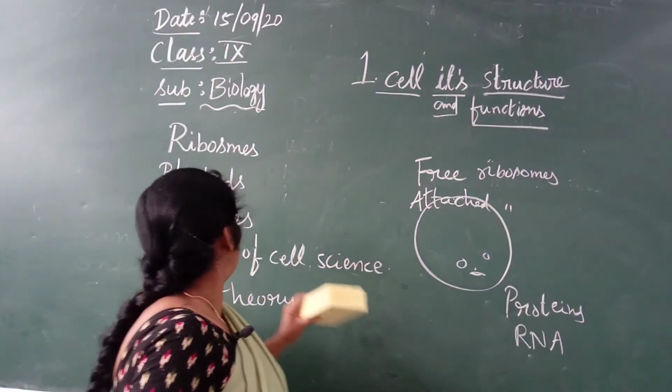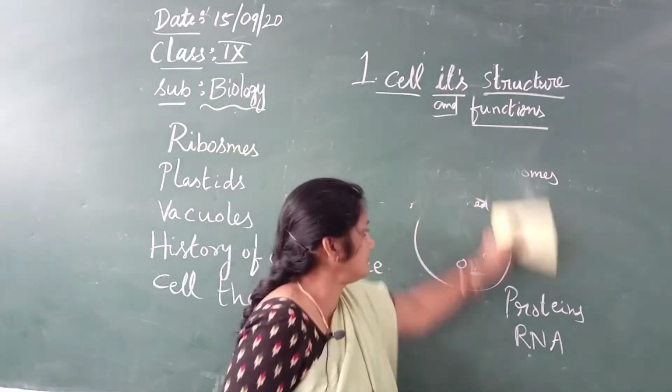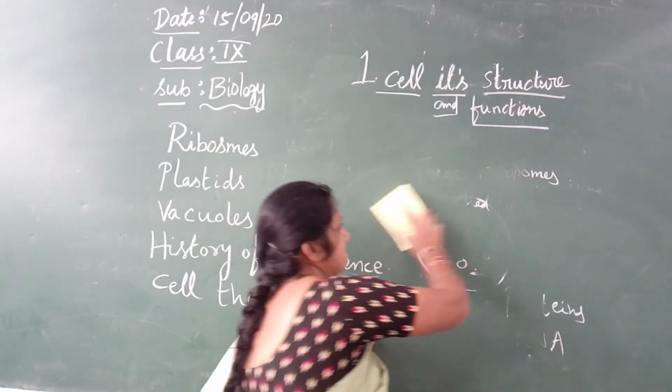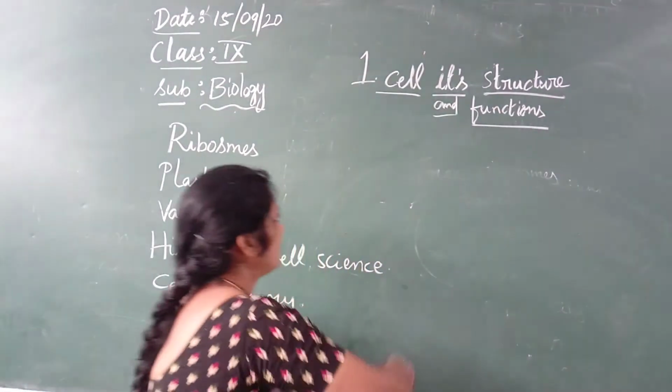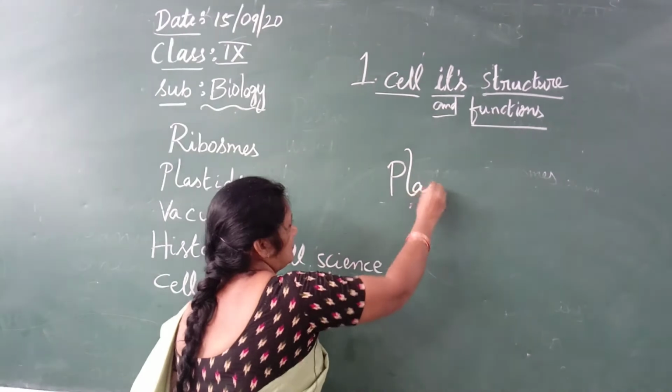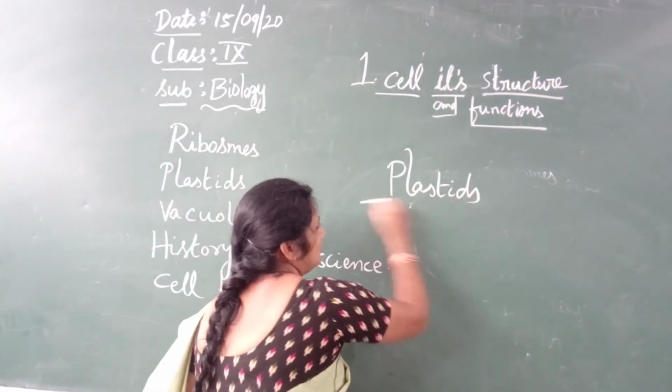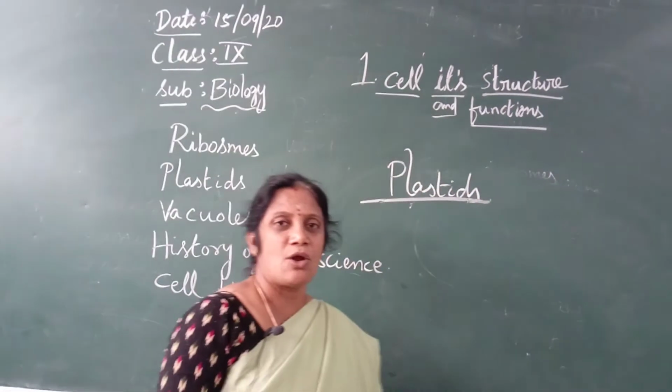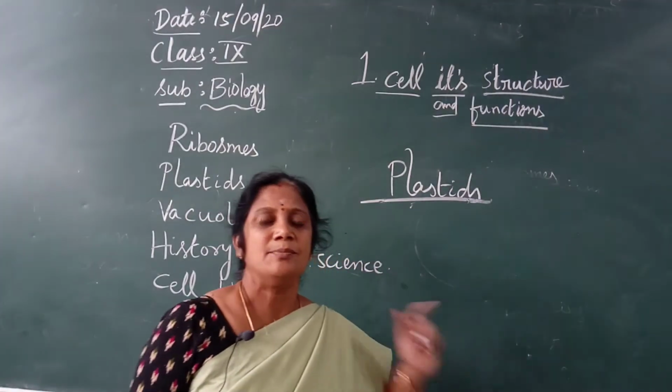Now we'll discuss plastids. Plastids are rod-like structures you will observe in plant cells.